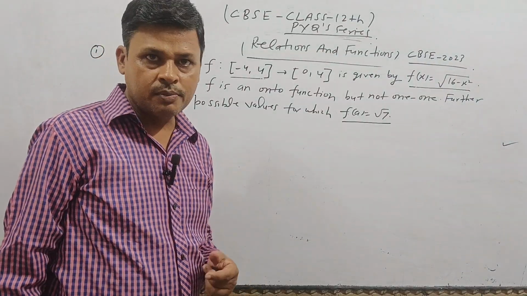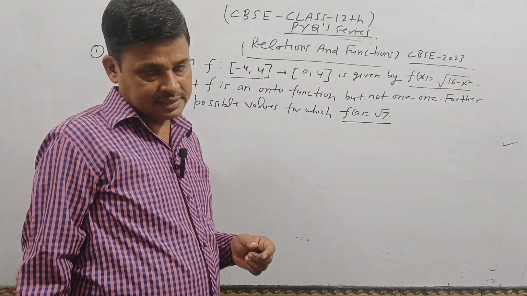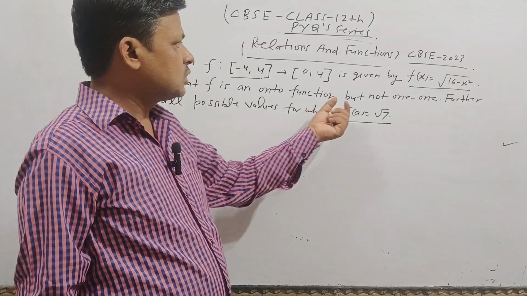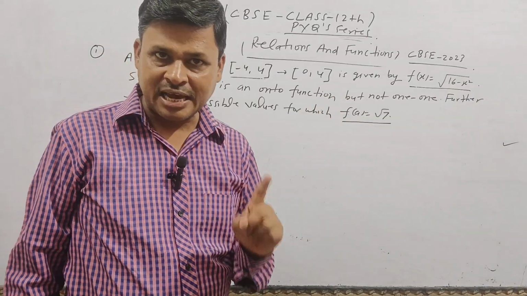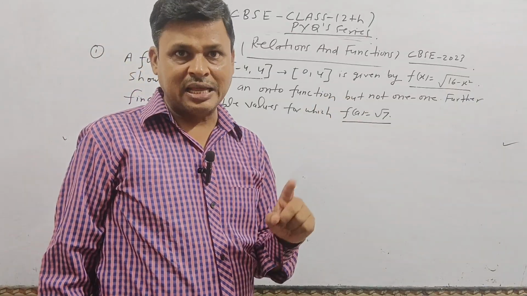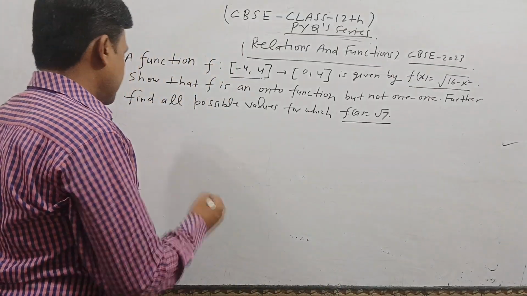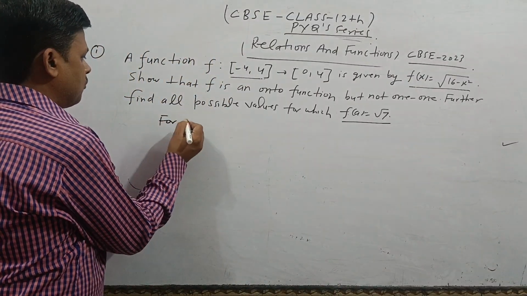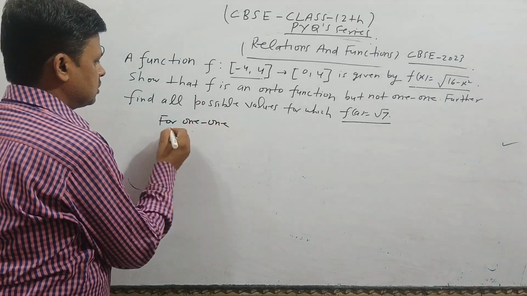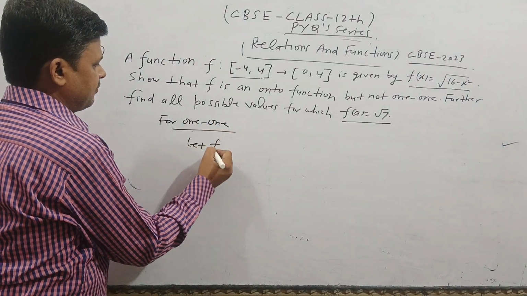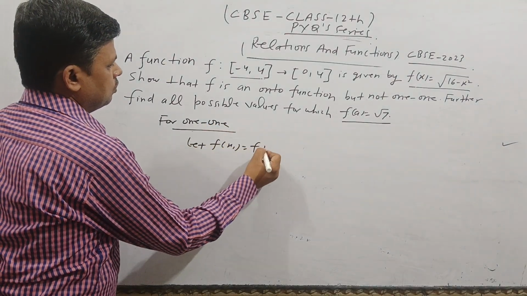So this is the problem. How to tackle this? Let us see. We have to prove that it is not 1-1. So first we will check whether this function is 1-1 or not. For 1-1, what is the situation? Let f(x1) is equal to f(x2).